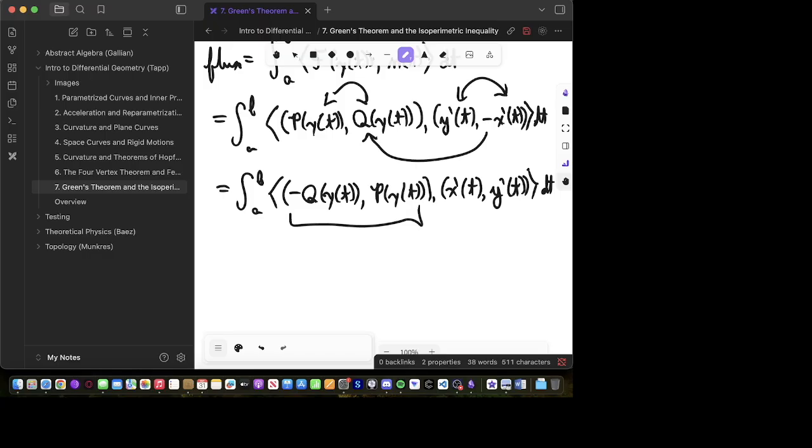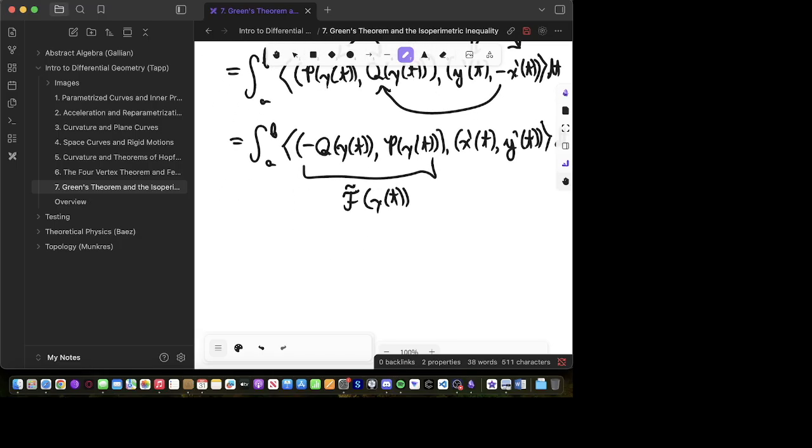So let's call this F of gamma of t with a tilde on the top.